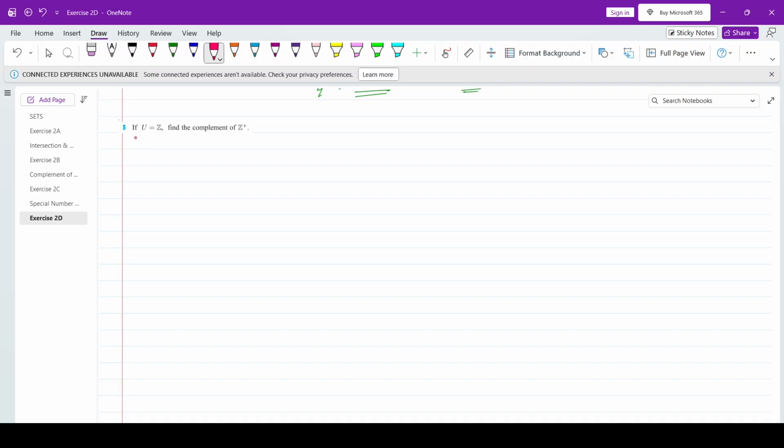The question says, if universal set is a set of integers, so Z is a set of integers, and this is the universal set.